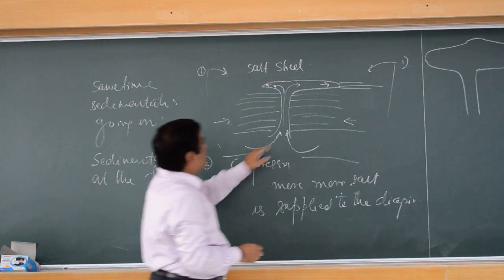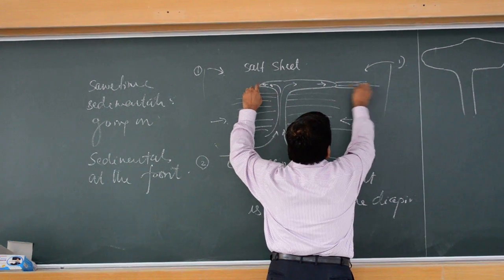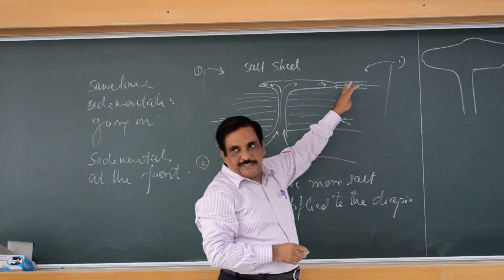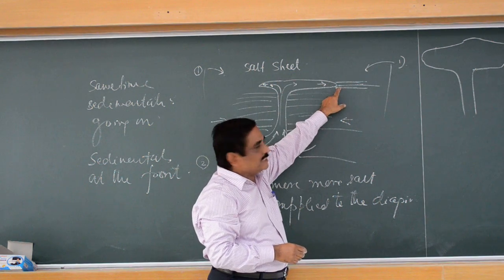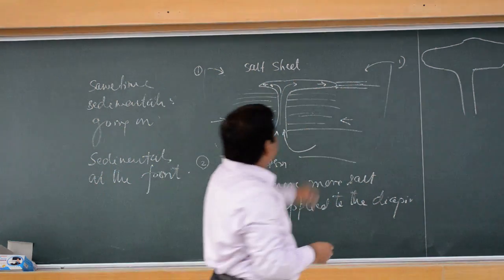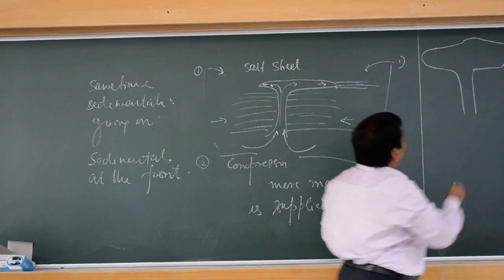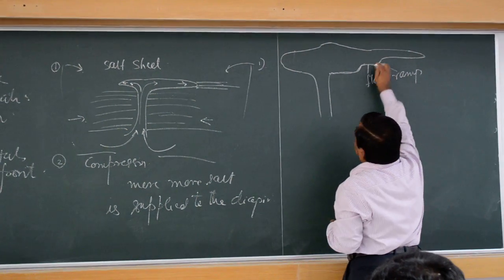So what will happen? You are injecting more and more salt into it, and this part is getting blocked because of the sedimentation. Sedimentation will also take place everywhere, but first, let us say this side only, the frontal part. If sedimentation is taking place here, it is blocking it. Just to overcome that block, this will climb up like this. Then it will spread.